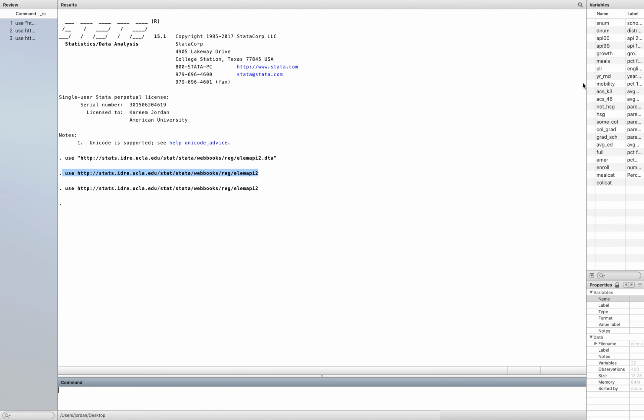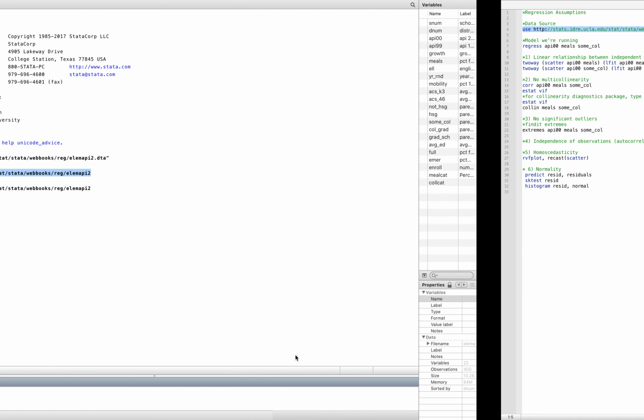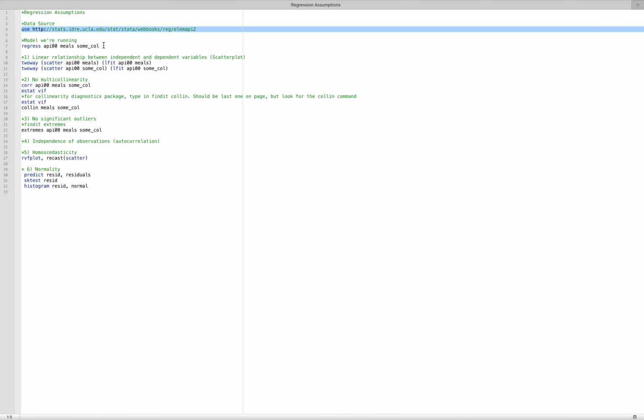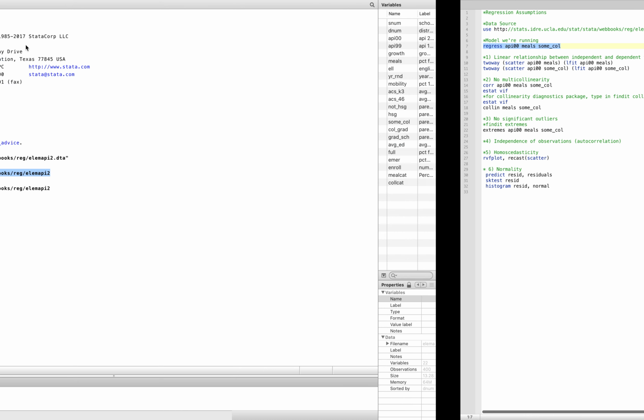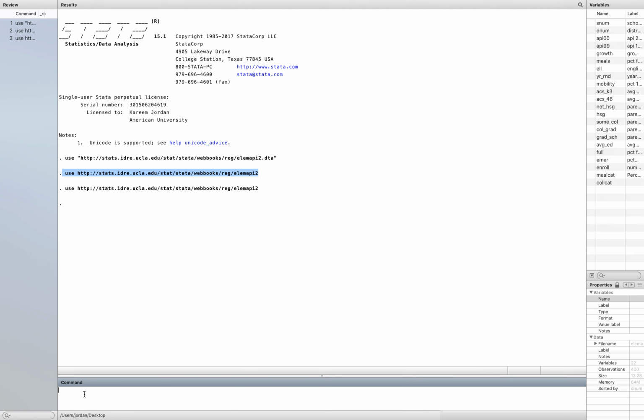So that's actually going to be our outcome. If you run a linear regression, you're regressing the academic performance index for 2000.